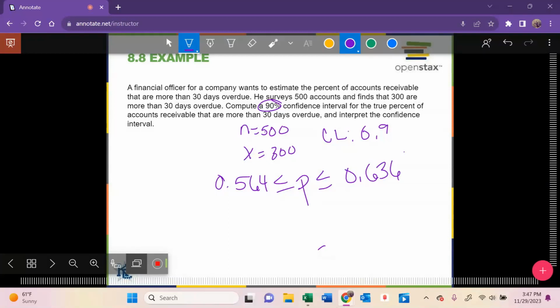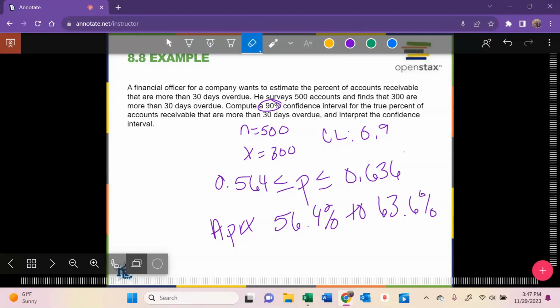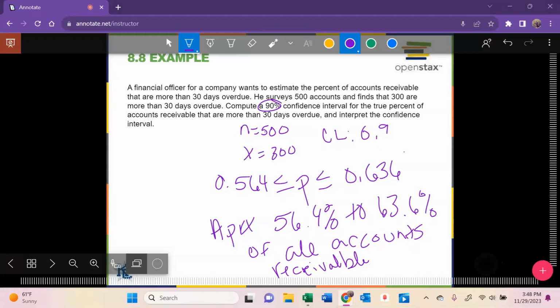This is saying that approximately 56.4% to 63.6% of all accounts receivables are overdue. So that's what it means.